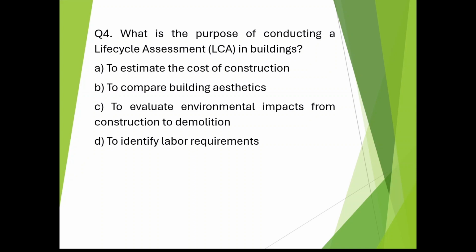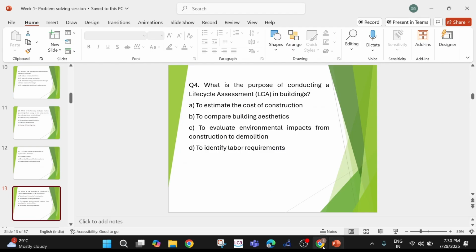And this life cycle assessment examines the environmental impact of a building or product throughout its entire life, from raw material extraction to end of life disposal. It helps in identifying the total carbon footprint. That's why option C is the right answer for this question number 4.